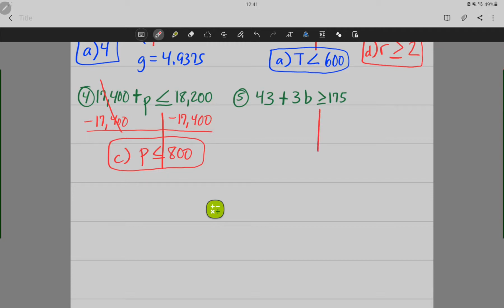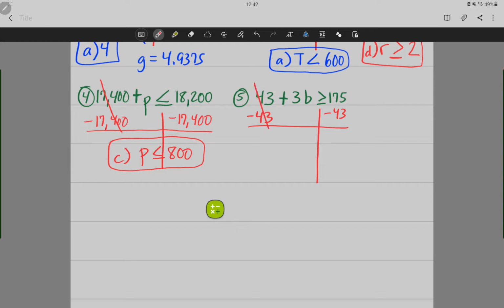So where we have the symbol, we draw the line. We're solving for B. We want to get B by itself on the left side. But next to it, we see the constant positive 43. So we need to get rid of positive 43. The opposite of positive is negative. So subtract 43 from both sides. 43 minus itself is 0.